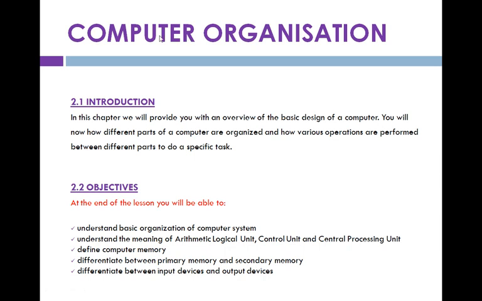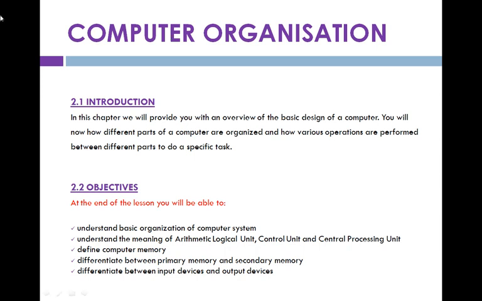As you know, a computer is basically a machine that is used for calculation purposes. And organization means an organized manner, how we can organize our things. So computer organization means how we can organize the computer parts in a systematic manner. Organization means a systematic manner or arrangement. So computer organization means how we arrange the computer components in an efficient and systematic manner.